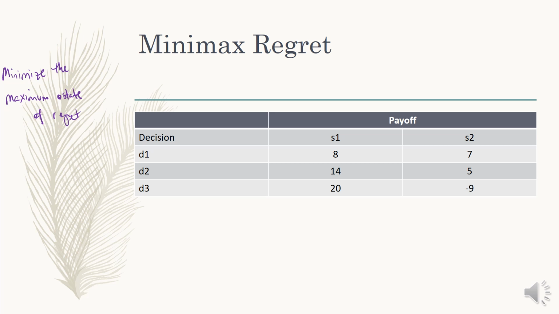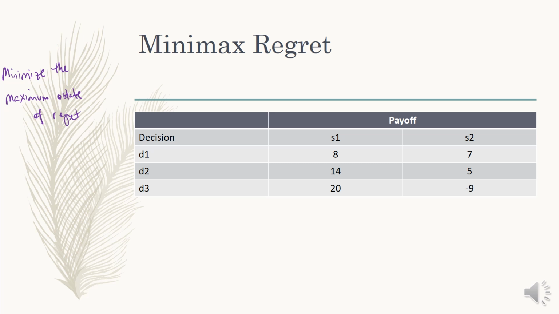The idea with this is that you don't want to have a strong demand and then have built the small complex. You would have a lot of regret over that. But at the same time, you don't want to build the large complex and then have low demand. There would be a lot of regret there. So we're trying to minimize the maximum state of regret.